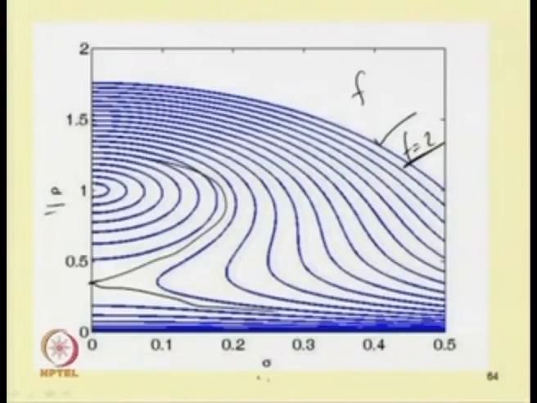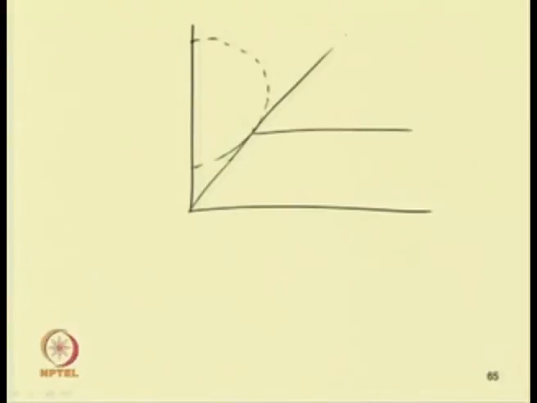So, in this way one can study the response of the system for self sustained oscillation and study the stability of the system. To study the stability, one can plot the response and see that in this zone, this is rho versus sigma, one can have the saddle point.